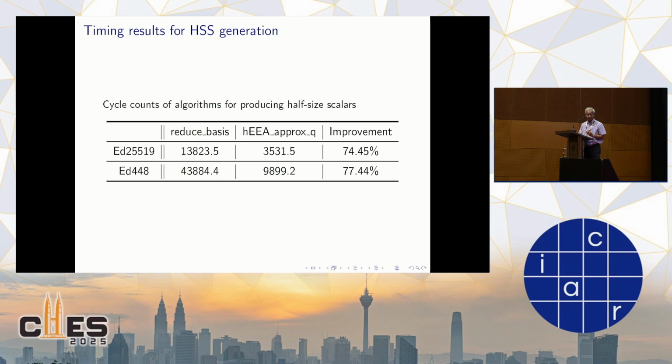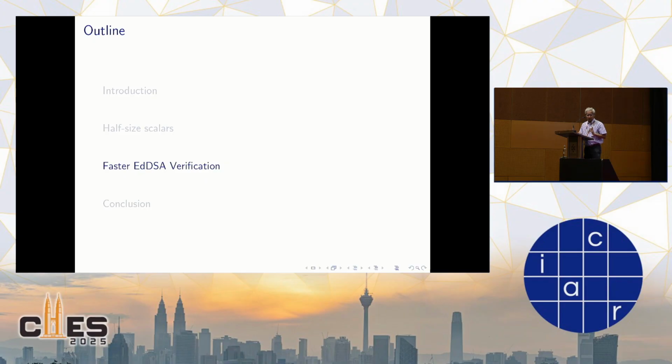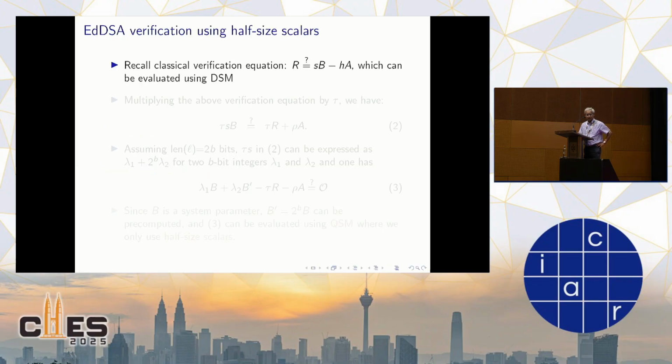The reason is this: Lagrange's algorithm requires more variables in its loop, and also some of the variables are much longer than what we need in a Euclidean algorithm. The details are in the paper. Now that we have these half-size scalars, how do we actually use them in signature verification?